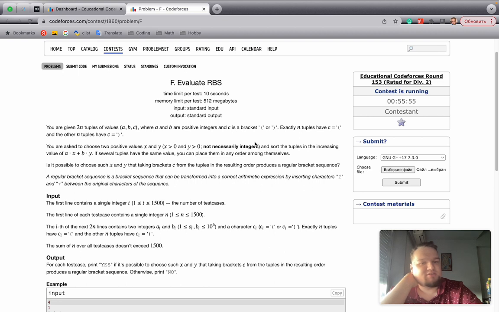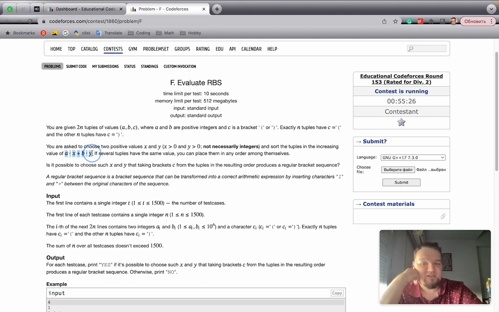Exactly n tuples have an opening bracket, and the other n have a closing bracket. You are asked to choose two positive values x and y, not necessarily integers, but strictly positive, and sort the tuples in increasing value of a times x plus b times y.